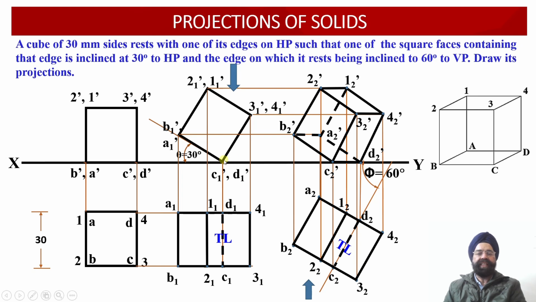We can see this is the edge CD over here. This edge CD is further inclined with respect to the vertical plane at an angle of 60 degrees. So this way the orthographic front view projections and the orthographic top view projections of this oblique solid have been appropriately obtained.